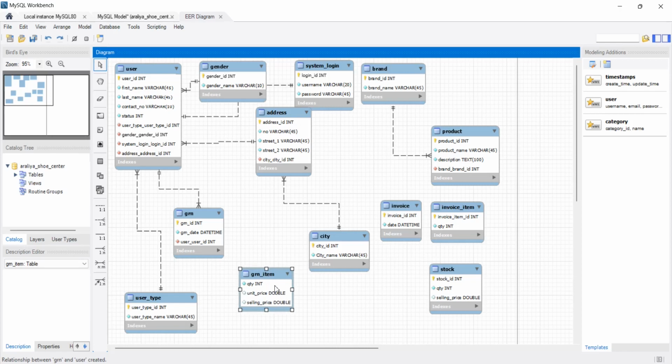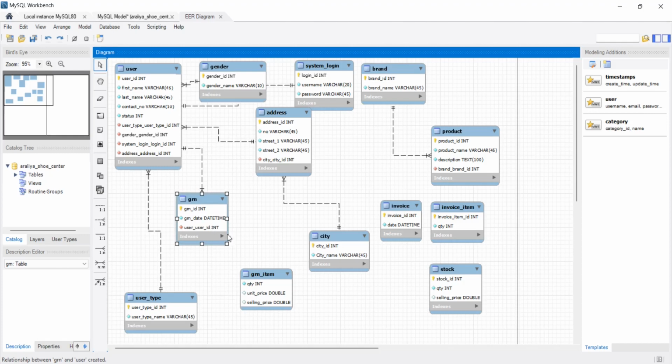But if we consider one GRN item, it can be in many GRNs. So it is one to many. Many side should be GRN item.